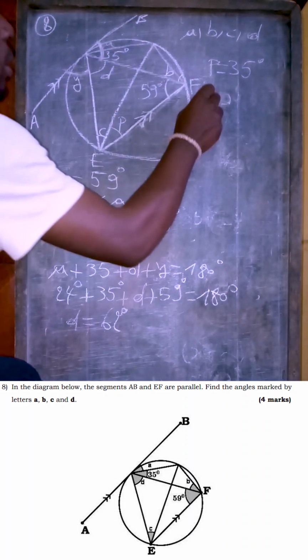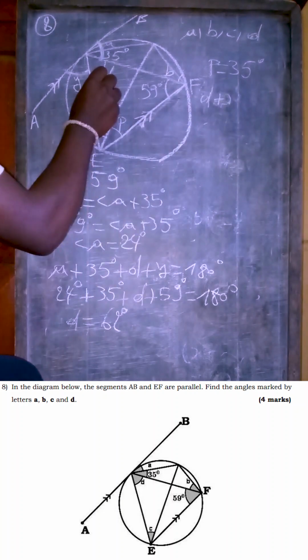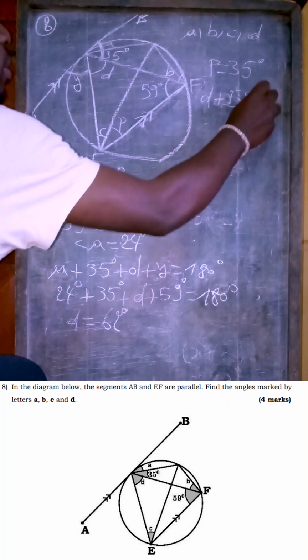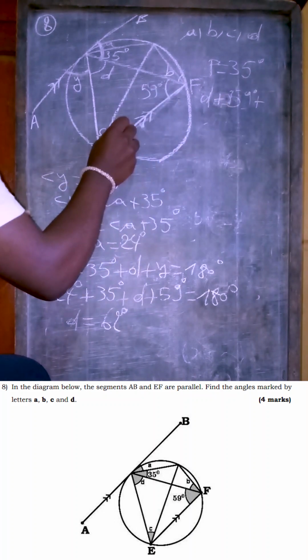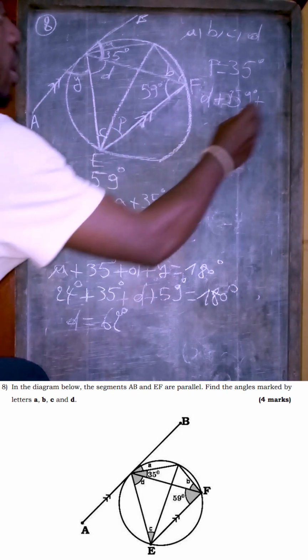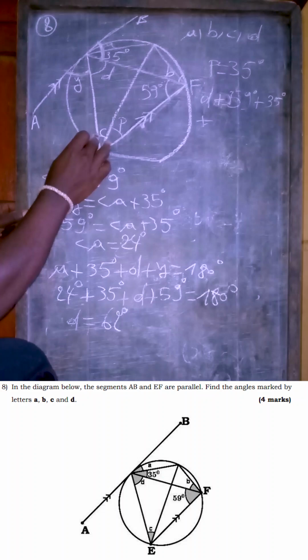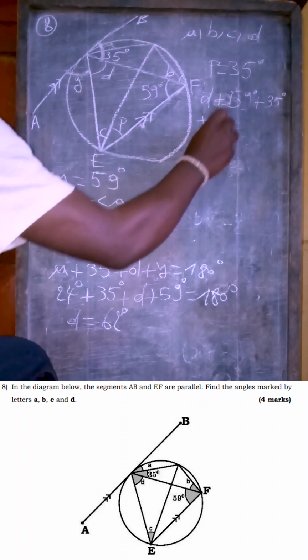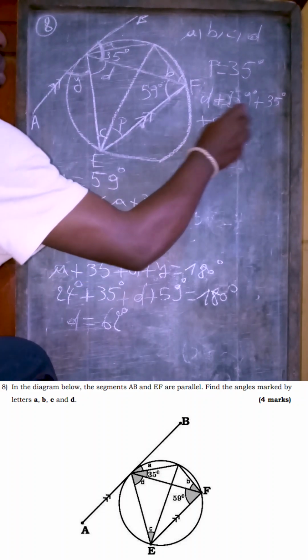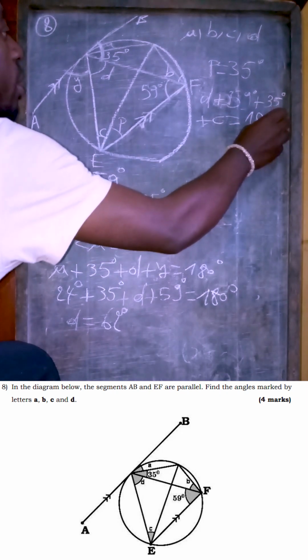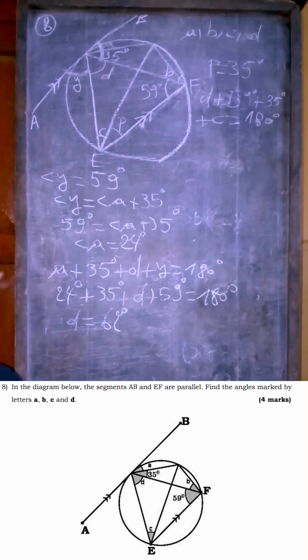Means that D plus 59 degrees plus P, which is 35 degrees, plus C is equal to 180 degrees. And already D is known. What is the angle D?